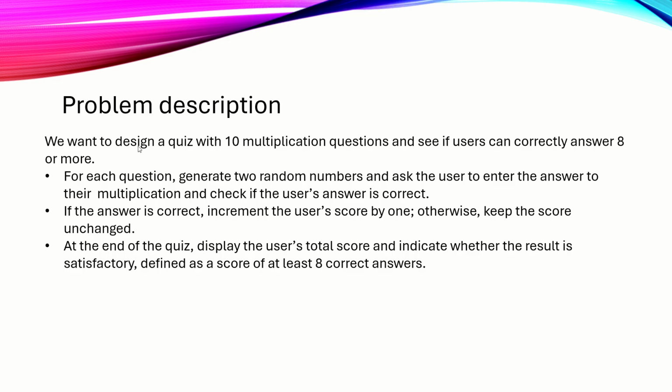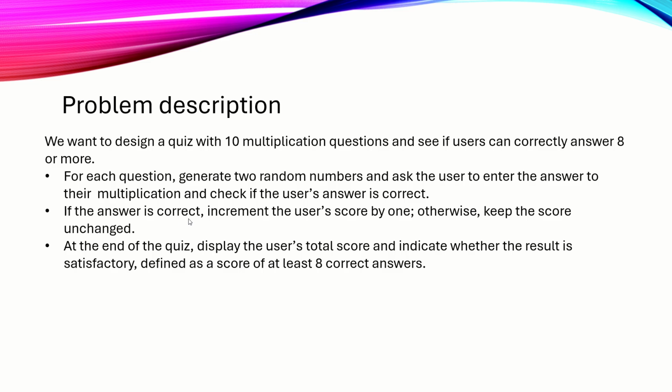So what we need to do is to design a quiz with 10 multiplication questions and see if users can correctly answer 8 or more. So for each question, we need to generate 2 random numbers and ask the user to enter the answer to their multiplication and check if the user's answer is correct.